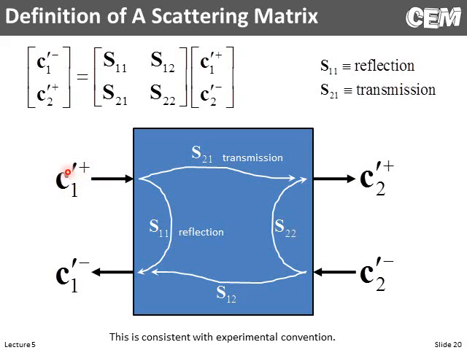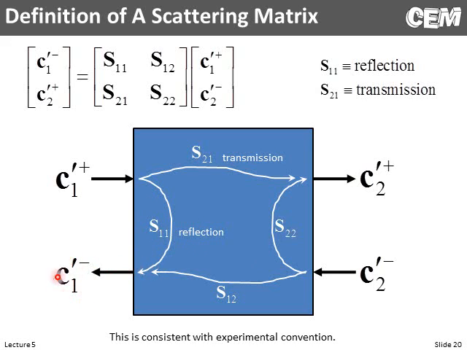One of two things can happen to that. It can transmit through the layer and contribute to the modes in the second layer in the forward direction. That forward transmission is described by our S21 transmission parameter. The second thing that can happen to a wave coming in from the left is that it reflects. And that is described by S11, or our reflection parameter.